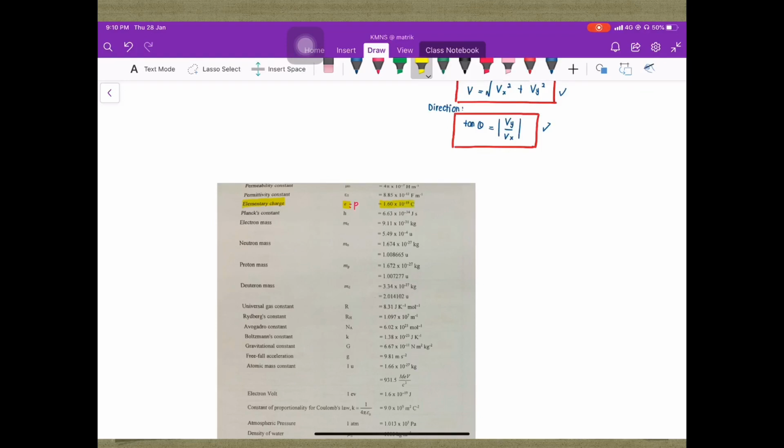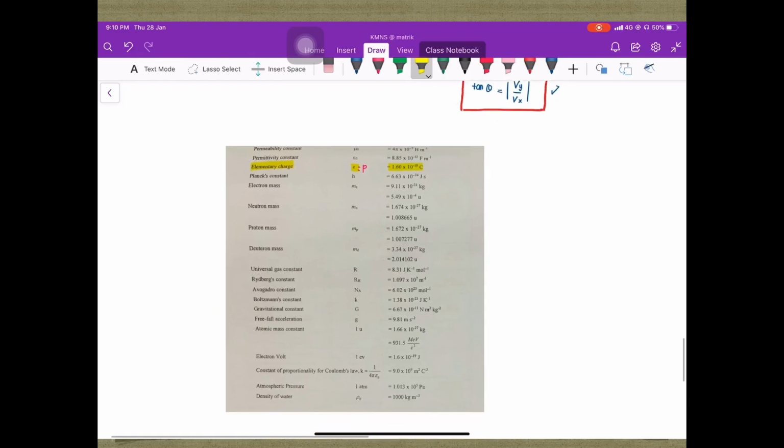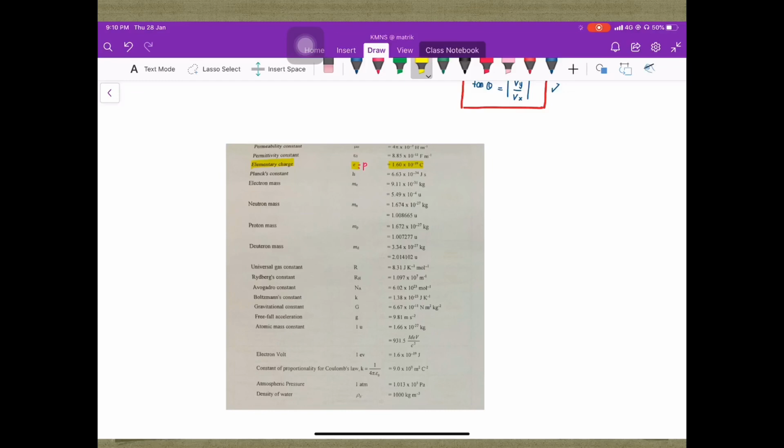This is the value. But refer to the mass: the mass of a proton we use in kg, and the mass of an electron we choose in kg.